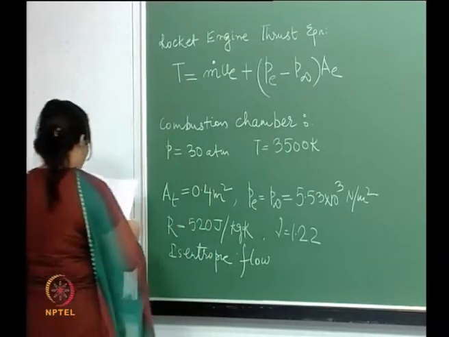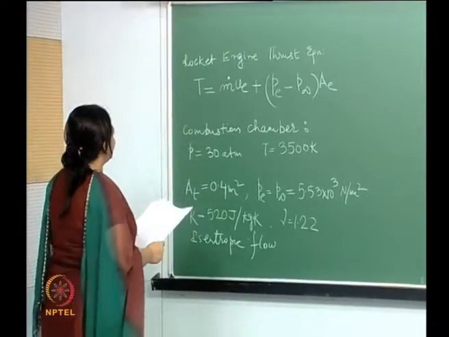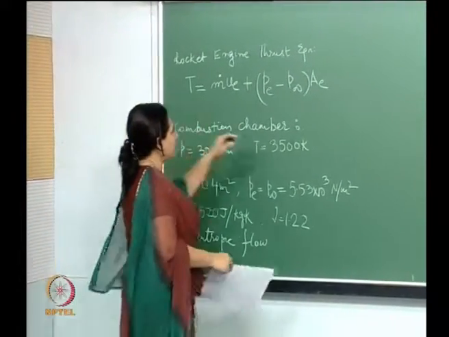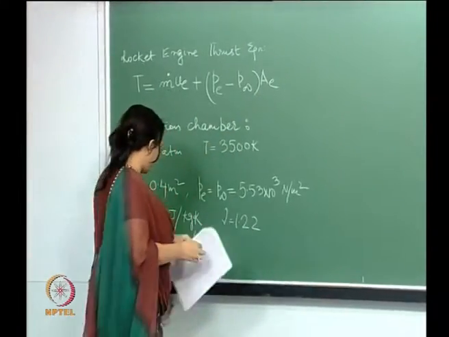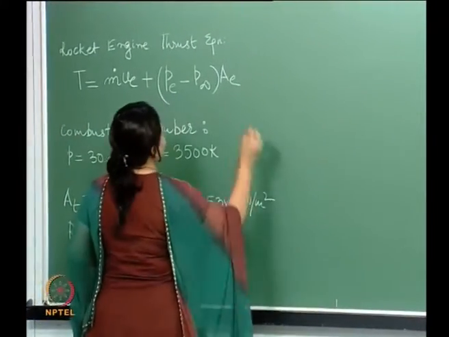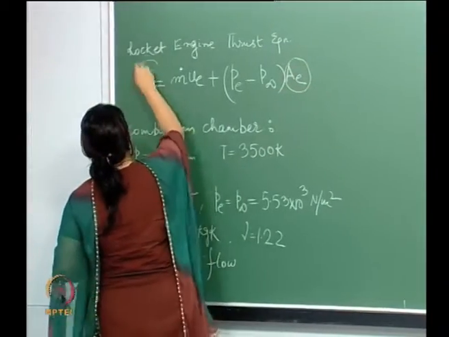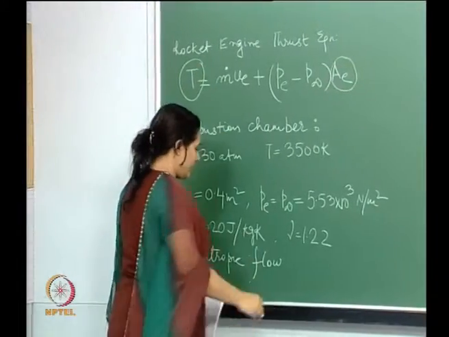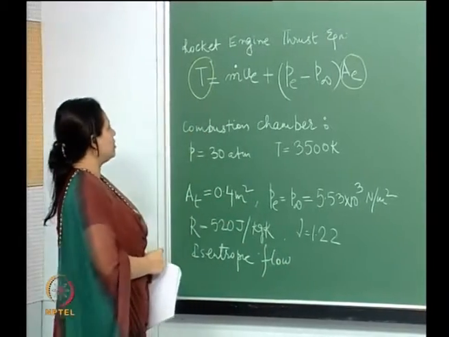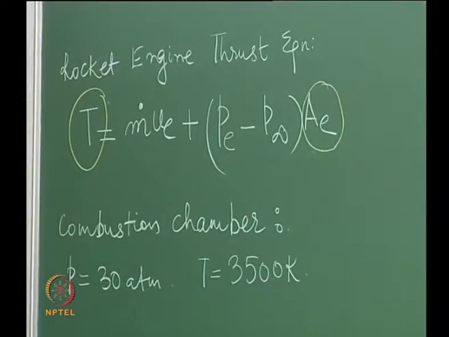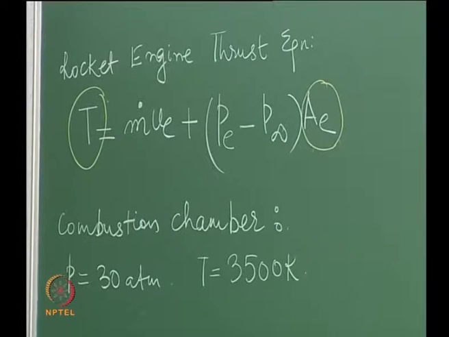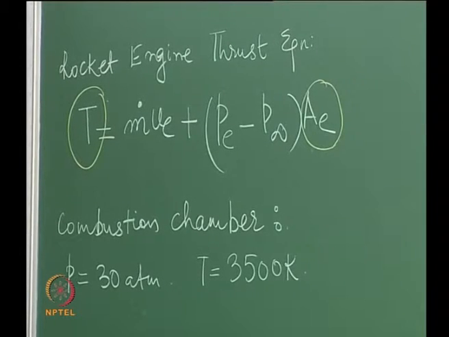And what we have to find out here is the area at the exit. So what we need to find out is to calculate the area at the exit and the total thrust. These are the two things that we need to calculate here.